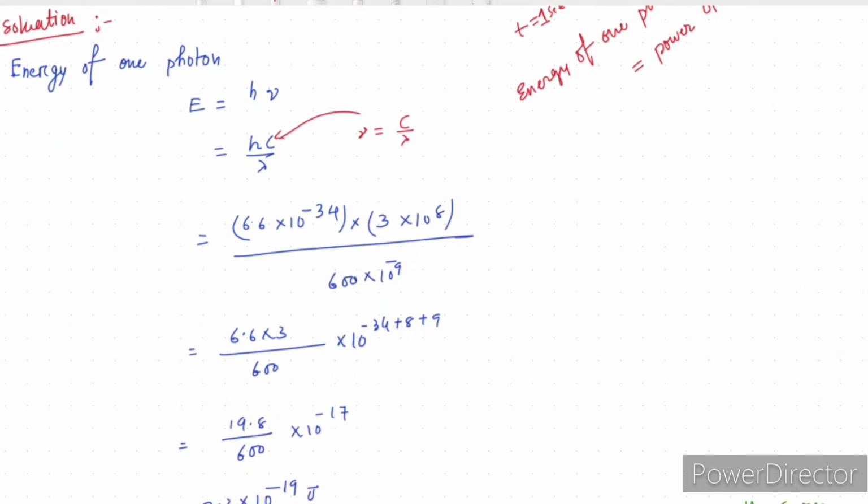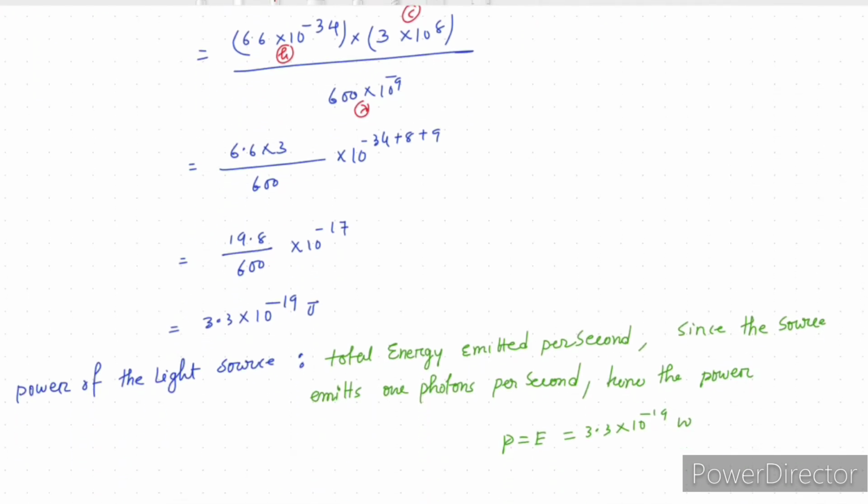This is the value of h, this is the value of c, and this is the value of lambda. Just do the mathematical calculation: 6.6 into 3 upon 600, 10 to the power minus 34 plus 8 plus 9, that is equal to 10 to the power minus 17, and that is equal to 3.3 into 10 to the power minus 19.